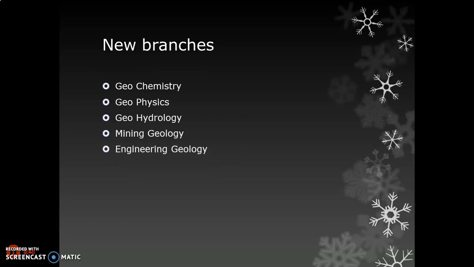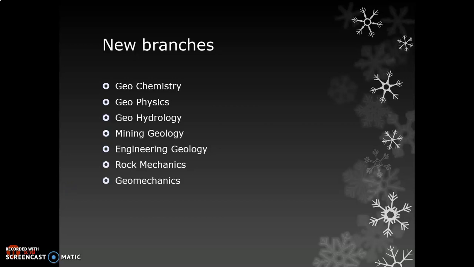And then engineering geology. This is a new concept, that is how geological concepts or ideas are used by engineers. That comes under this branch. And then rock mechanics, that is the behavior of various rocks under different types of forces, comes under rock mechanics.